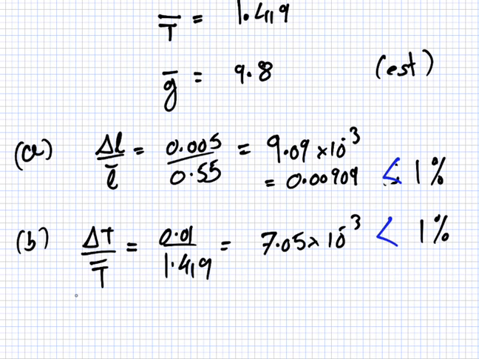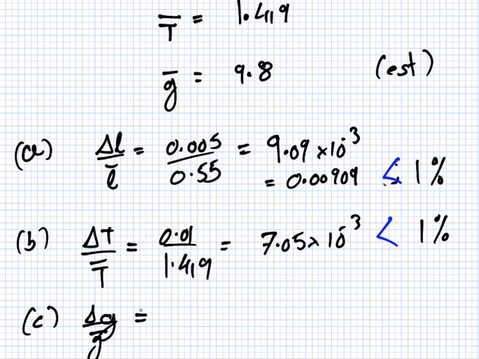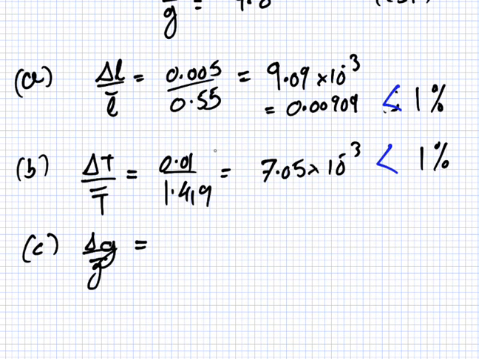Okay. C, for G, oh sorry, I'm asking for the relative uncertainty of gravity. Did I mean to say relative error? Sorry, yes, delta G over G. So what do we know? Oh, we don't. This is where we have to use our formula. Yeah, so now we have this formula.